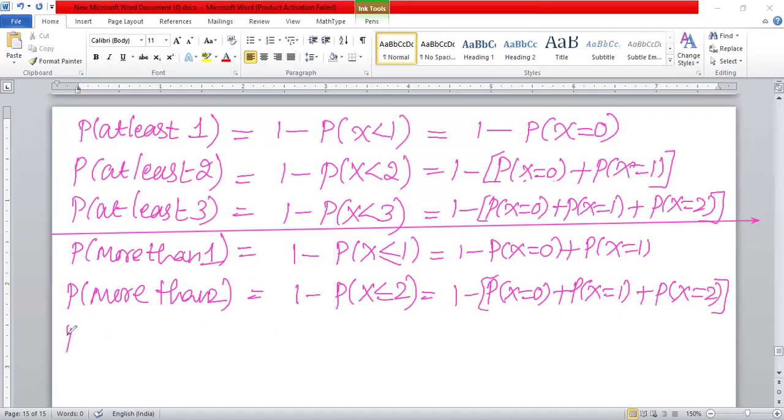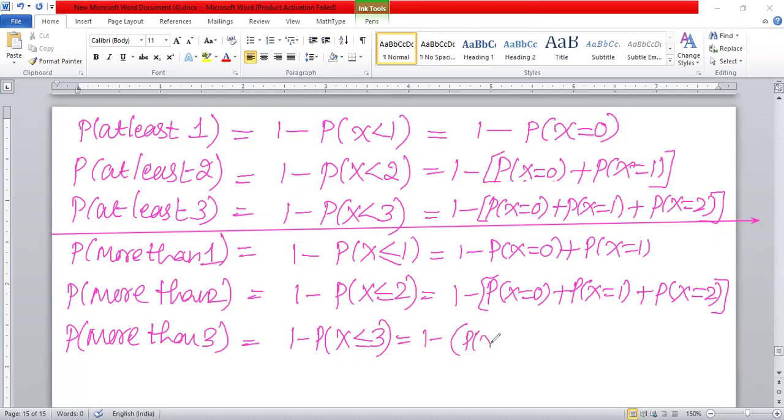Similarly, probability more than 3 is equal to 1 minus probability x lesser than or equal to 3, that is 1 minus probability x equal to 0 plus probability x equal to 1 plus probability x equal to 2 plus probability x equal to 3. This is more than 3.